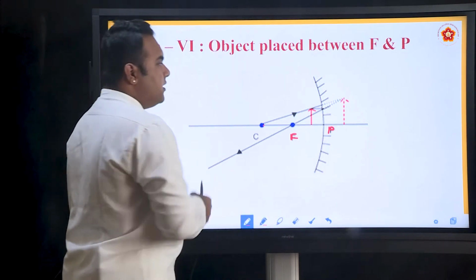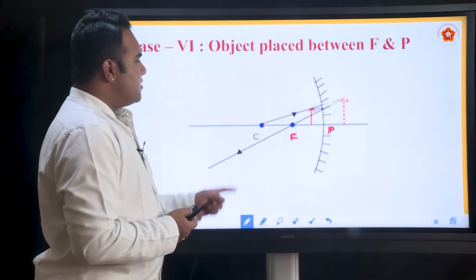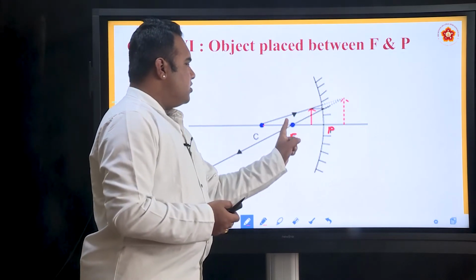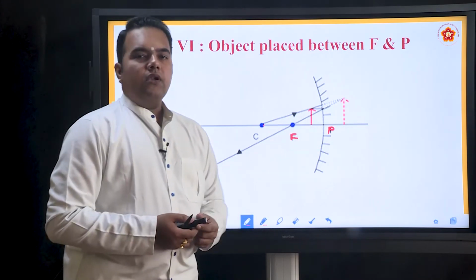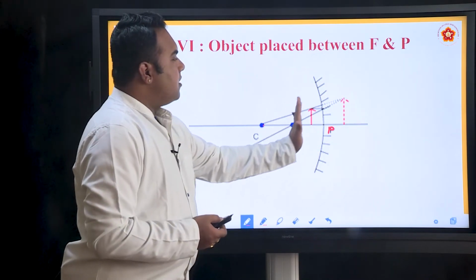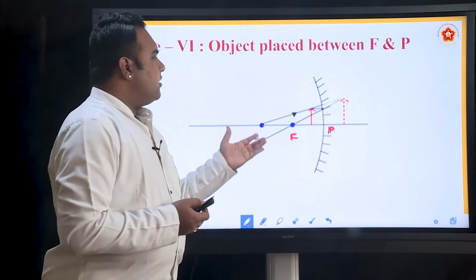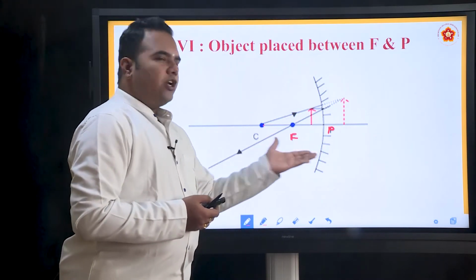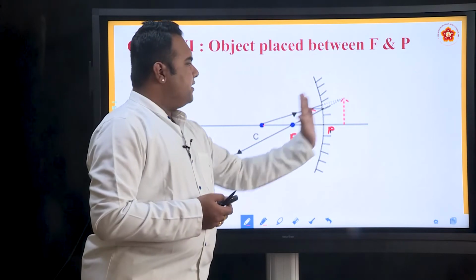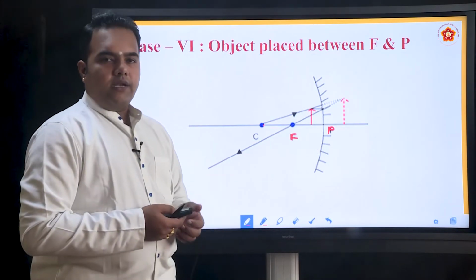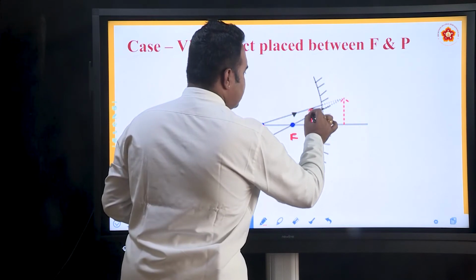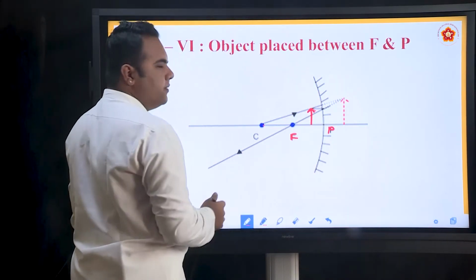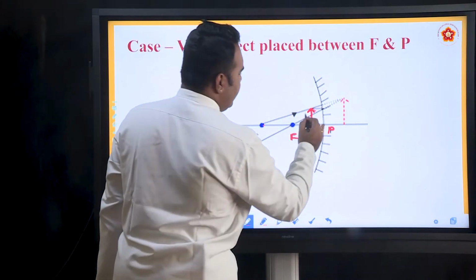And in this particular case, this is a special case because only whenever the object is placed between focus and the pole, we see that the image is formed inside the mirror, or that is to say that the image cannot be obtained on a screen and the image formed will be virtual in nature. So, let us check again. The object is placed here between focus and pole. You can place it anywhere in between.